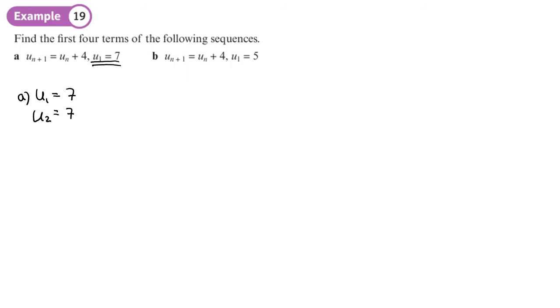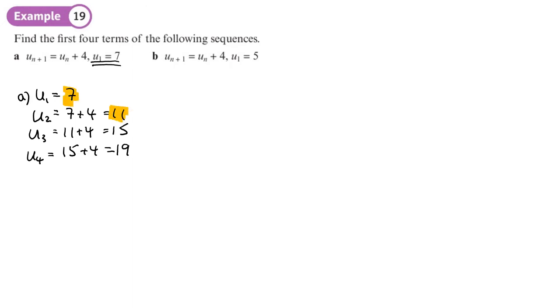So it's going to be the last term plus 4, which is 11. u3, well, that's just going to be the last term, 11 plus 4. So you can see the rule up here. It basically just says take the last term and add 4 to it. Is 15. And u4, that's going to be 15 plus 4, 19. So there we go. The first 4 terms, 7, 11, 15, 19.